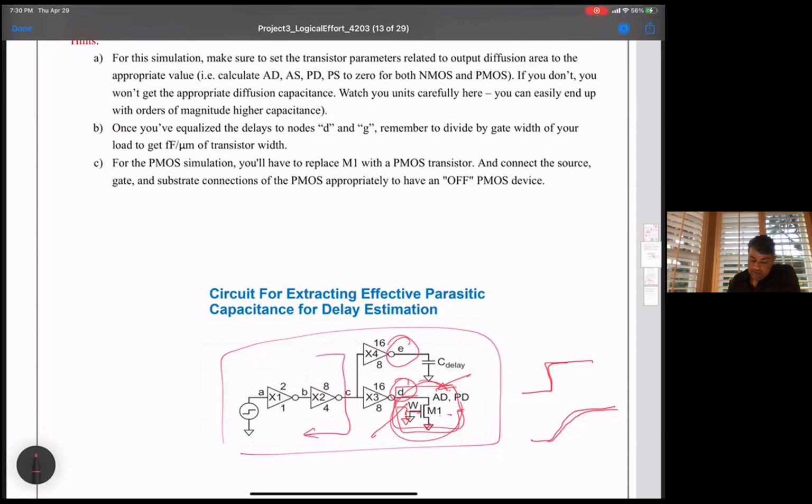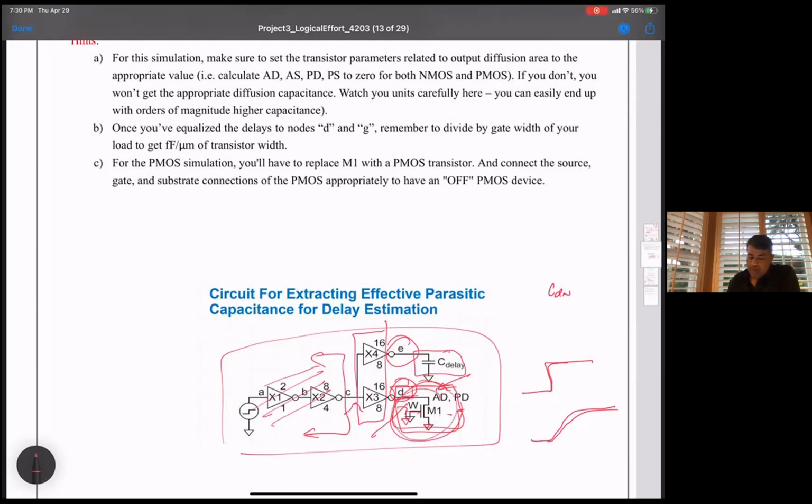These two things are creating a realistic input here, and these two are exactly the same thing. You're increasing and decreasing this to try to match the capacitance here, and this gives you C sub D for the N. Now, you have to do this twice, once for the NMOS and once for the PMOS.